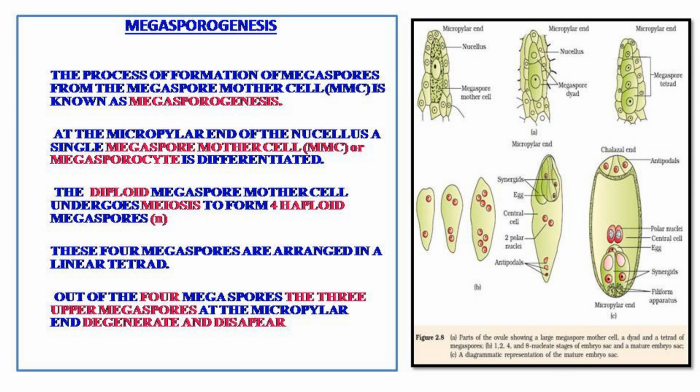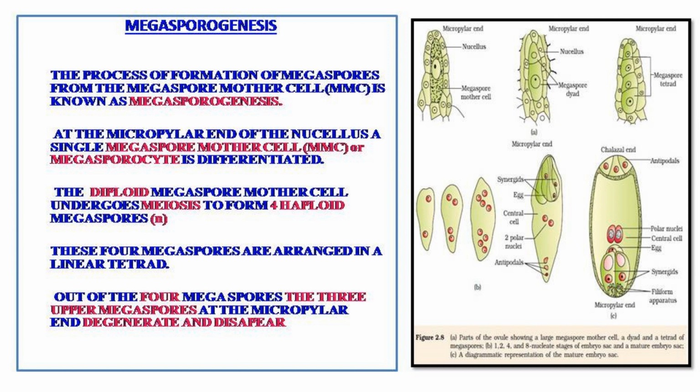The megaspore mother cell has a large or prominent nucleus and dense cytoplasm. The diploid megaspore mother cell undergoes meiosis to form 4 haploid megaspores. These 4 megaspores are arranged in a linear tetrad. You can see the arrangement in a linear tetrad there.